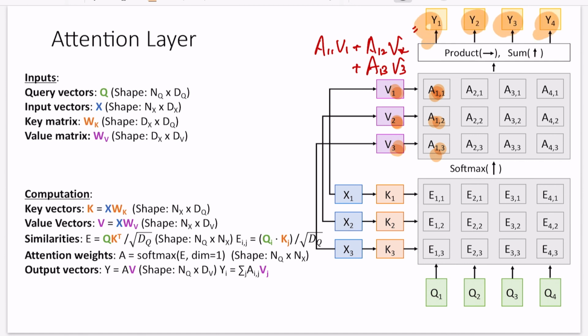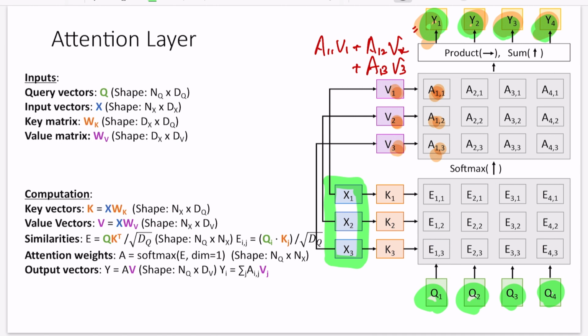So to sum up, given four kinds of query vectors, you just estimate the corresponding outputs Y1, Y2, Y3, and Y4 given X1, X2, X3 candidate vectors or target vectors. This is a generalized version of the attention layer.